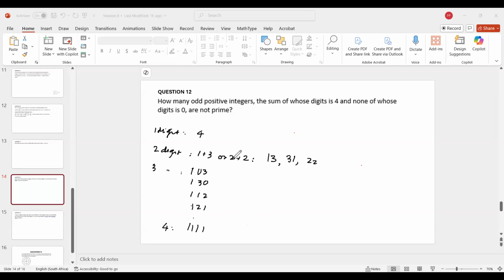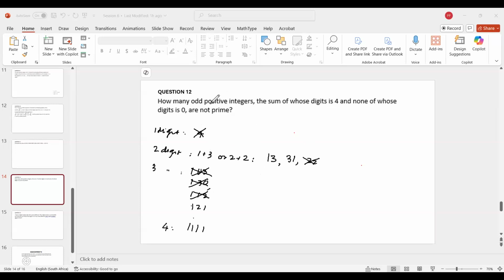Okay, so those are the numbers whose digits sum to 4, but they say none of the digits is 0. Oh God, so you can take those out. They are not allowed. And they must be odd, so I can take those out. So we can knock off quite a few.